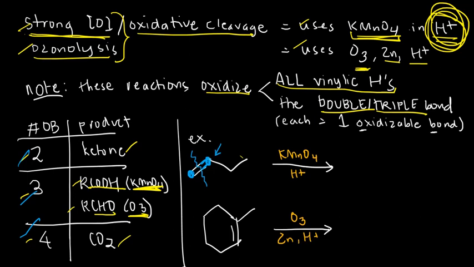So that's already 2 oxidizable bonds. And the fact that you're supposed to know already by structural analysis that there should be one H hiding here. So that means I have 1, 2, 3 oxidizable bonds. Meaning that 3, and I use KMnO4, I'm gonna get a carboxylic acid from this portion.